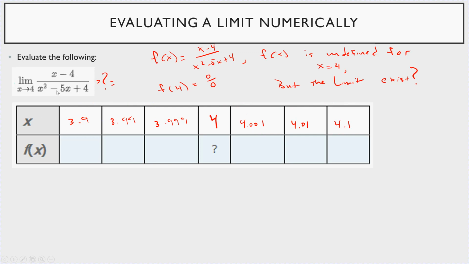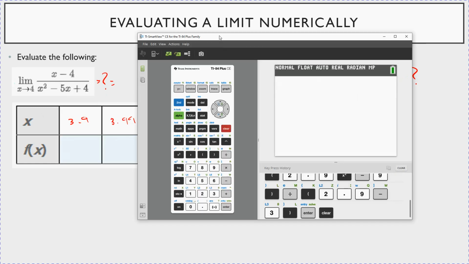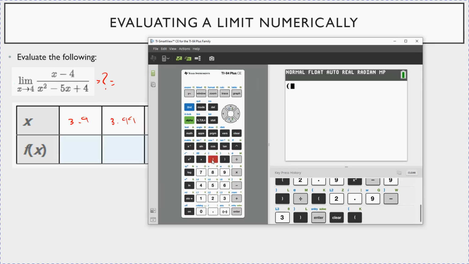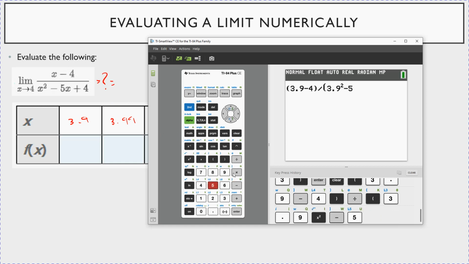So look, I'll plug 3.9 in here and let's see what happens. You're going to get 3.9 minus 4 divided by 3.9 squared minus 5 times 3.9 plus 4.